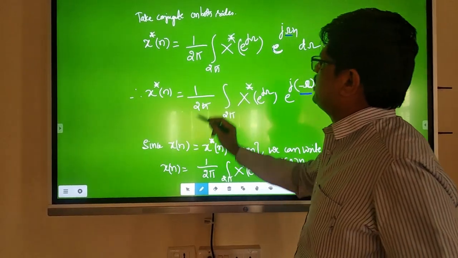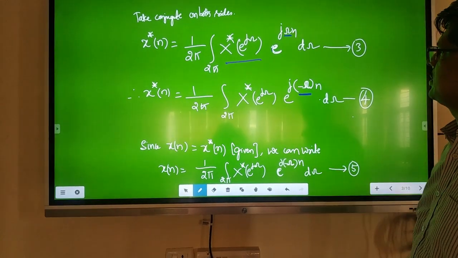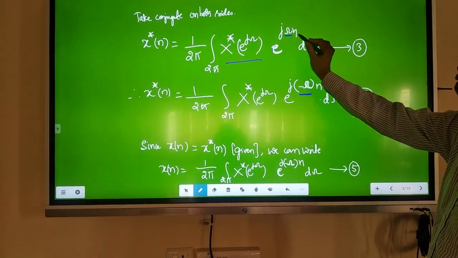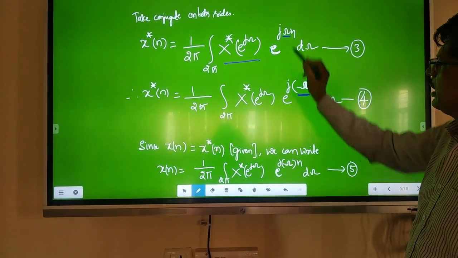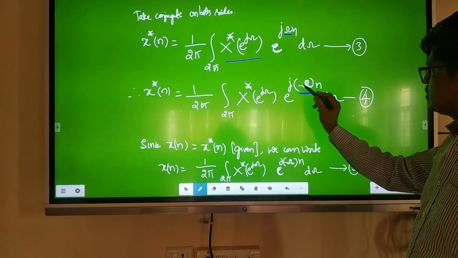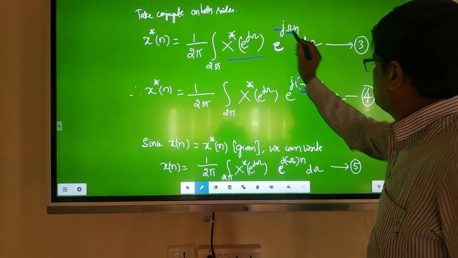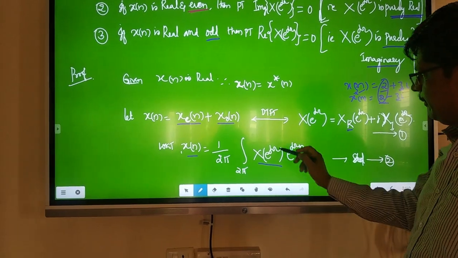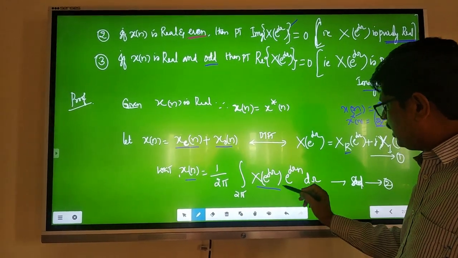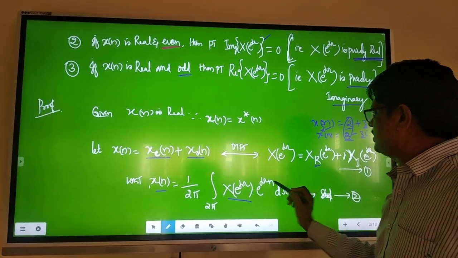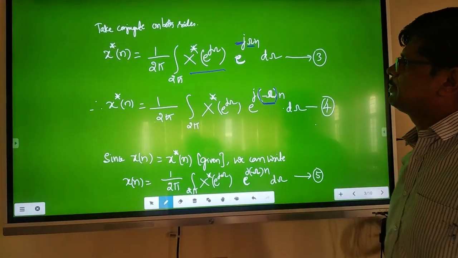Now x star of n we can write as 1 over 2 pi, integration over 2 pi, X star of e power j omega as it is. Now e power minus j omega n, this is missing, please correct it.